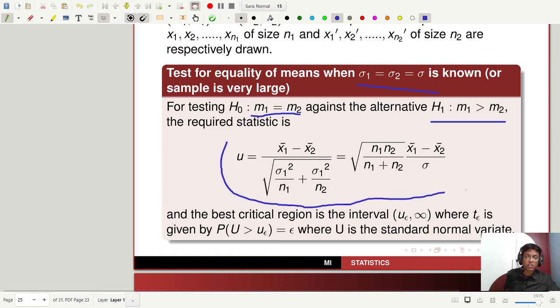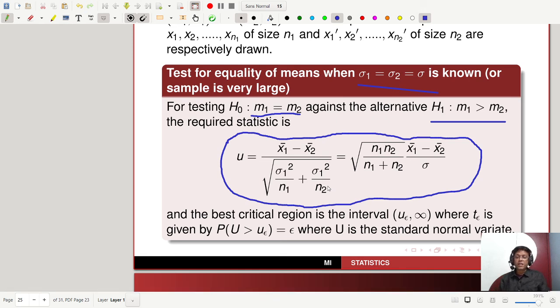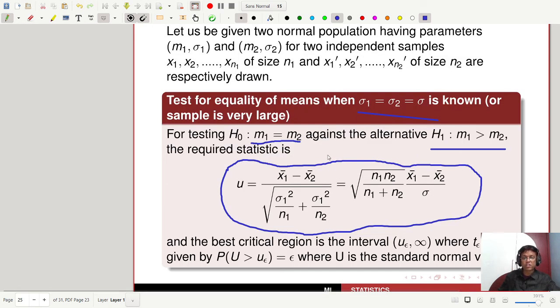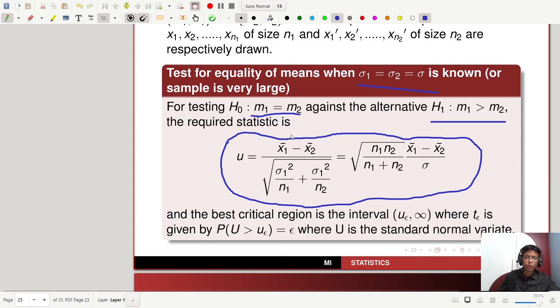This is your test statistic, where x1 bar, x2 bar are the sample means, sigma 1, sigma 2 are the standard deviations, n1 is the sample size of the first normal distribution, and n2 is the sample size of the second normal distribution. So this is the test statistic. And the best critical region is u epsilon comma infinity. So you have a right tail test of the standard normal curve.